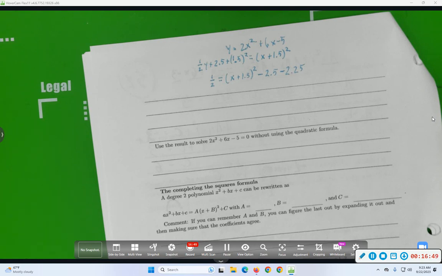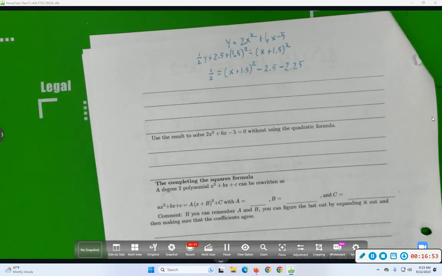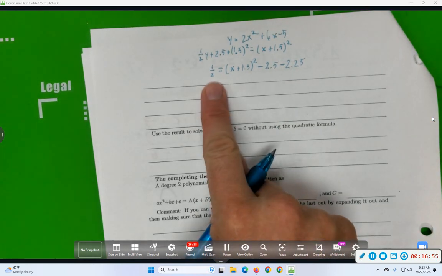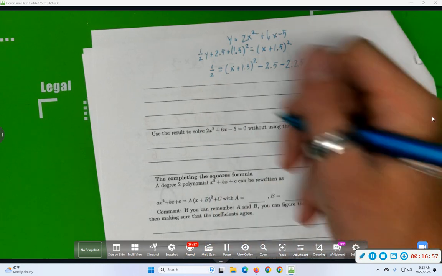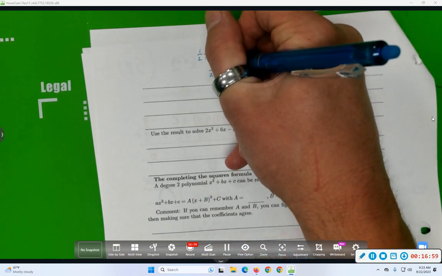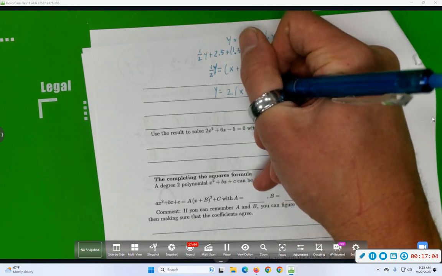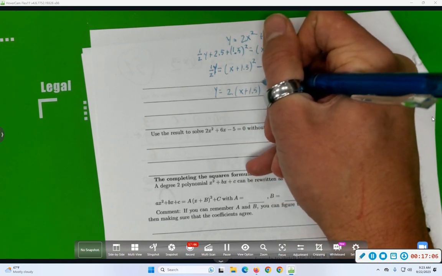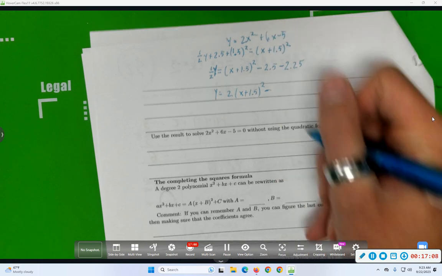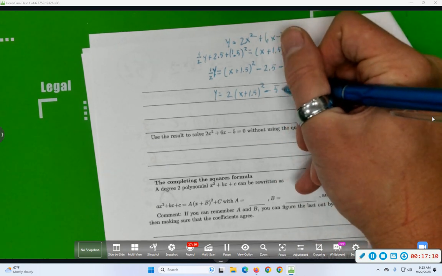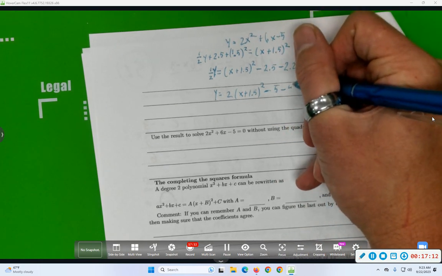Oh, awesome. Good, then I believe it. So now I guess I need to multiply both sides by 2. Oh, and I lost the y. My goodness. y equals 2 times x plus 1.5 squared minus, this I know how to multiply by 2, is 5 minus 4.5.